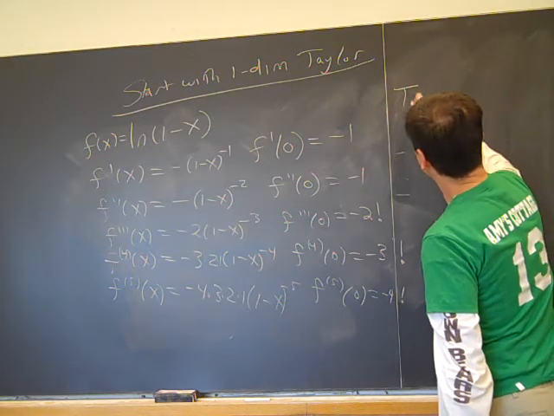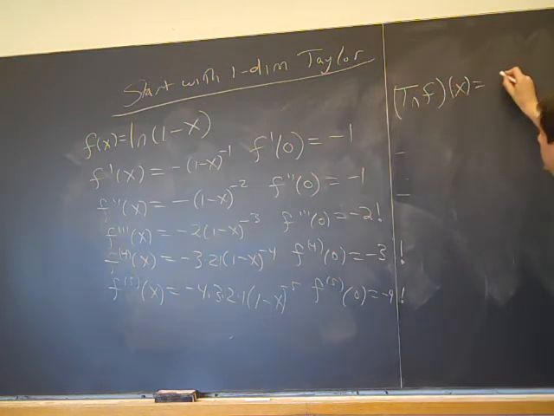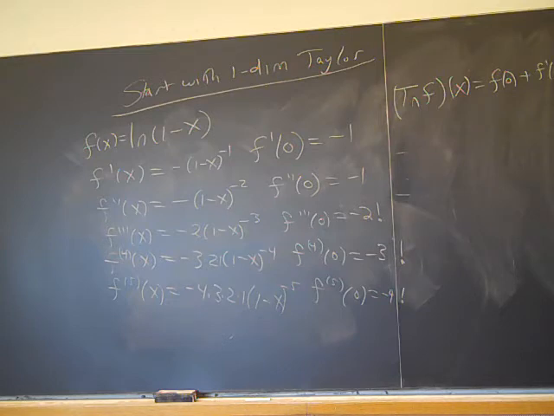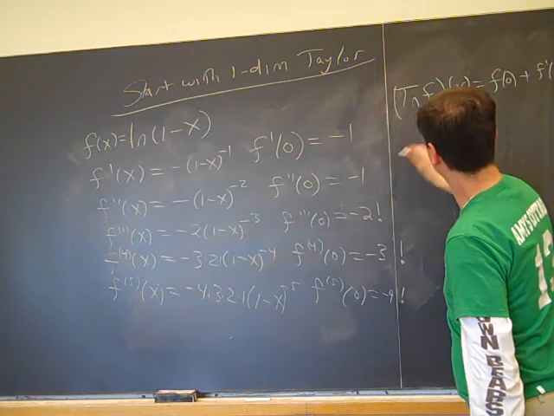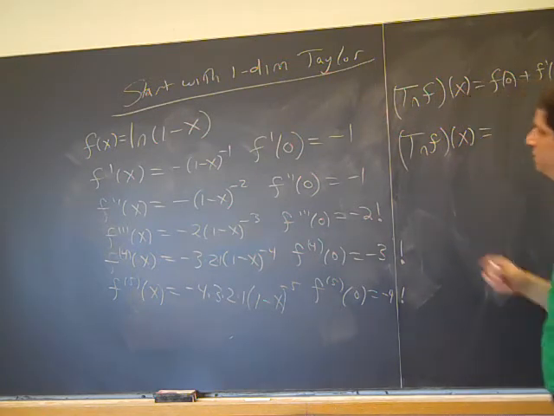So the nth Taylor series of f about the origin is going to be f of 0 plus f prime of 0 times x plus f double prime of 0 over 2 factorial x squared, up to the nth derivative at 0 over n factorial x to the n. So what do we get? We get T_n f of x. What's f of 0?